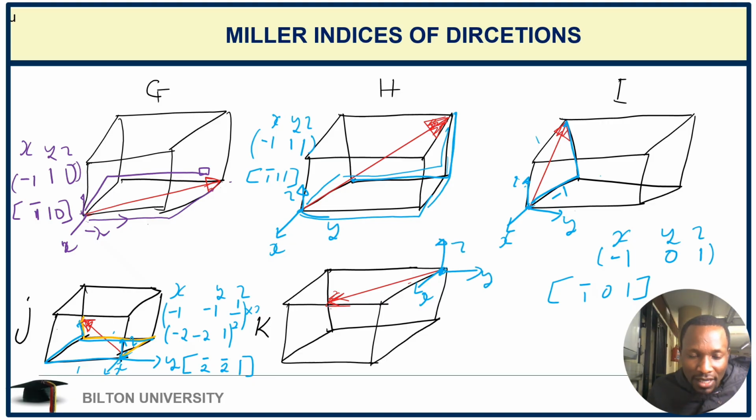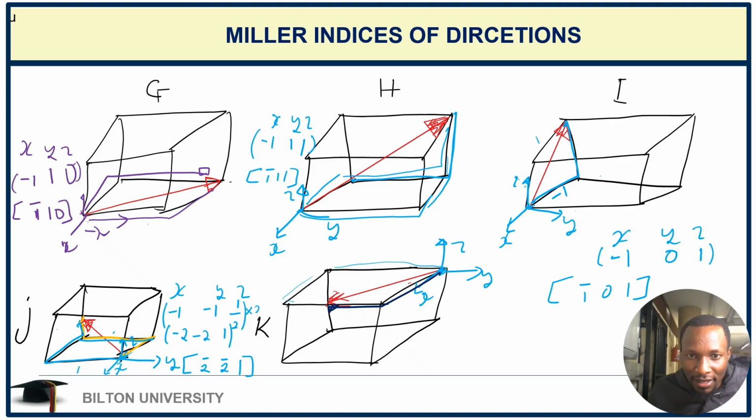For me to reach this point, I cannot move this way. The only possible direction I can take in this case is to move one full length in the positive x and half length in the minus y. And in this case, you realize that we don't have z.